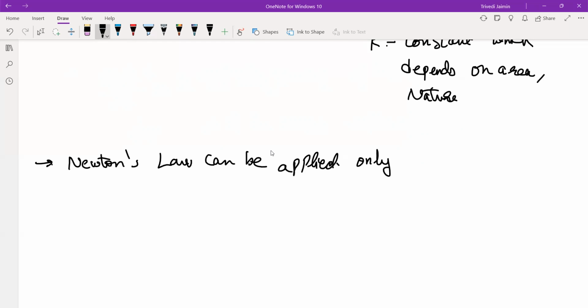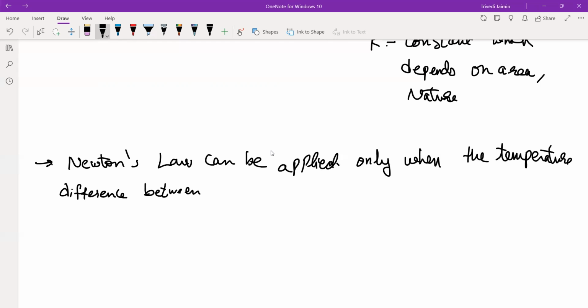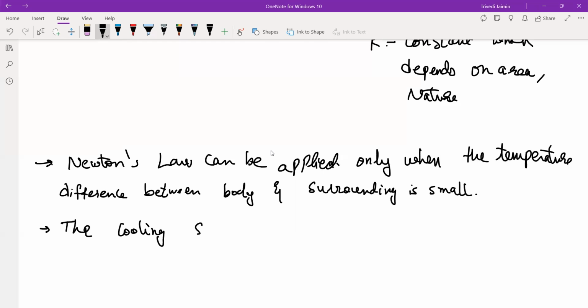Okay, so we can apply this only when the temperature difference between body and surrounding is small. That's why we wrote delta T. Same thing we are writing in explanation form. Cooling should take place only due to radiation.